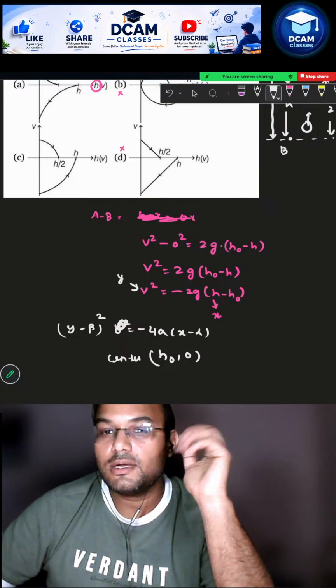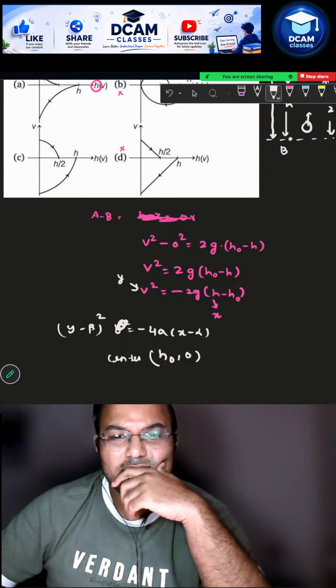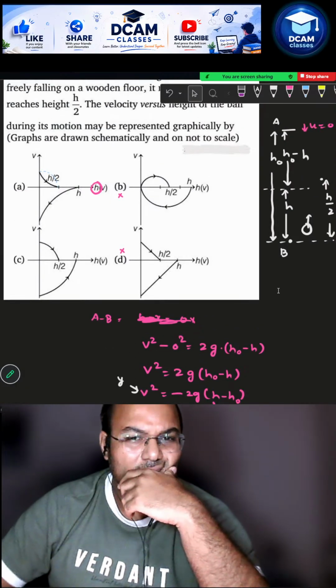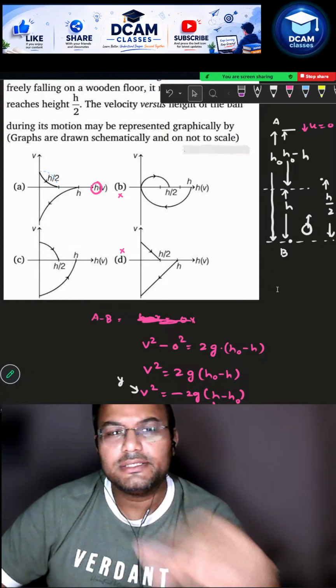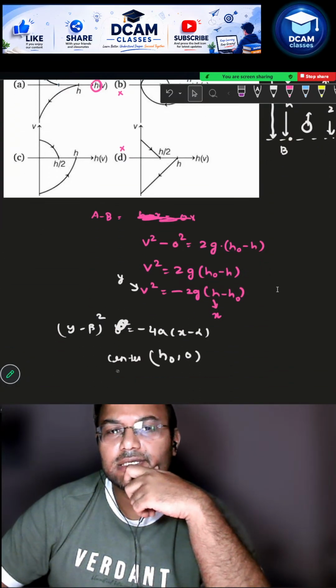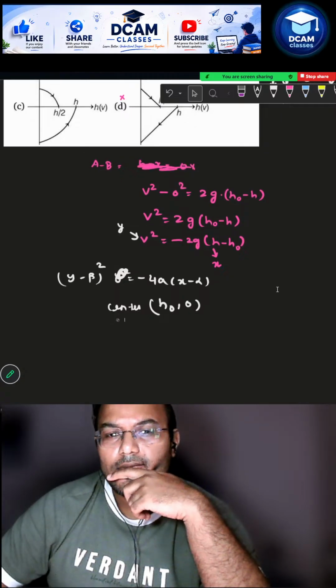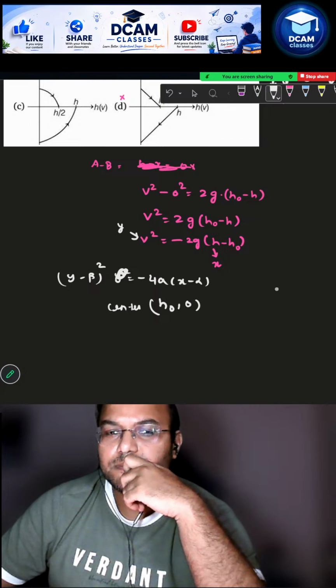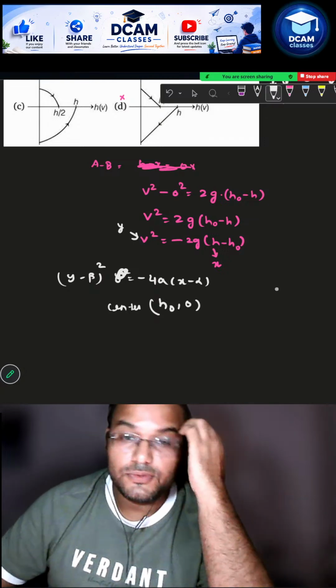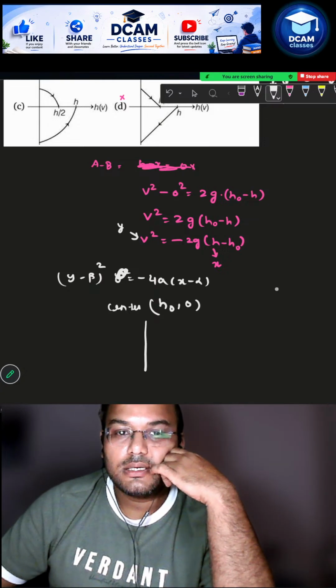It's this kind of parabola. But we are getting something wrong here. Why is it saying it is striking at h by 2? y square is equal to minus 4 into h, the h naught should be there. The parabola y square is equal to minus 4x means like this.